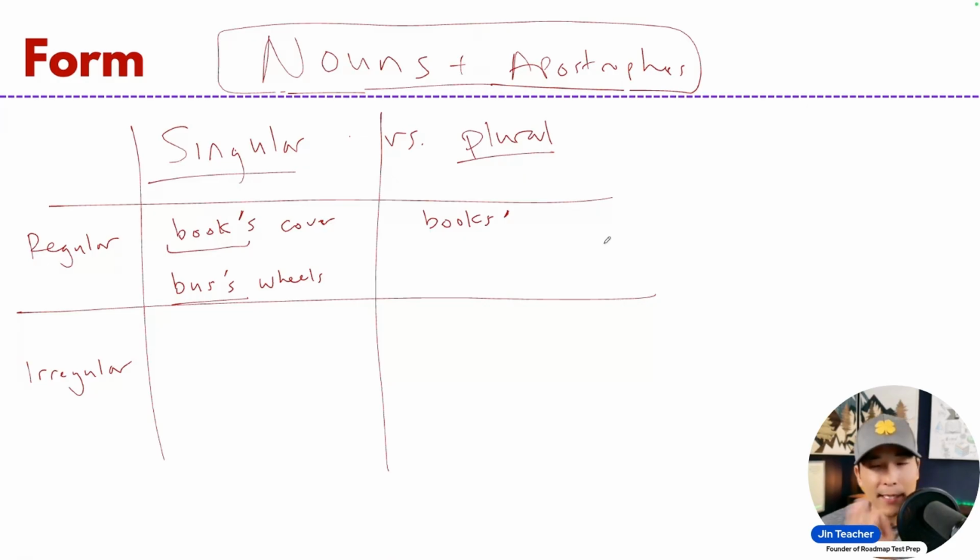And I think that's the biggest reason that students have trouble with apostrophes, because they sound the same. When you say book's and books', you're like, oh, well, that sounds exactly the same. So what's the difference? Well, the difference is how it's formed or how it's written. So now when you say books' covers, what does this mean? Well, we know two things. One, it's possessive form because it's used with the noun books.